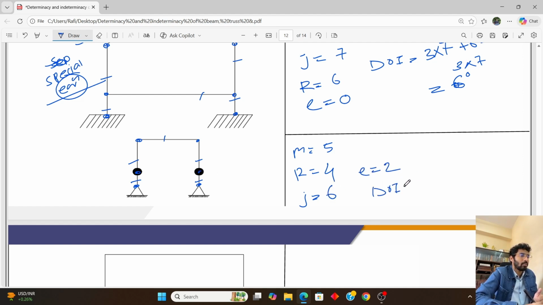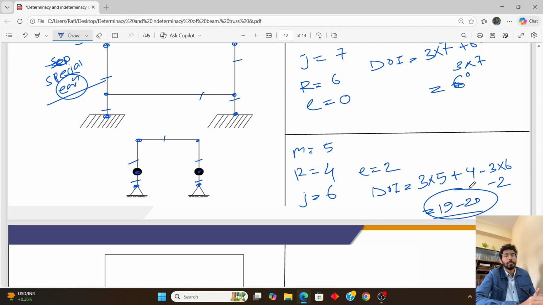So the degree of indeterminacy will be 3 into 5 plus R equal to 4 minus 3 into J equal to 6 minus 2. So the value will be 15 plus 4 equals 19, minus 18, minus 2, equals 0. So this is also a determinate structure.